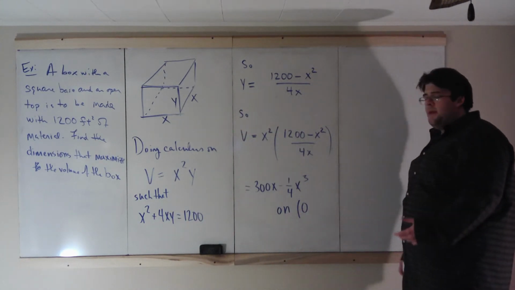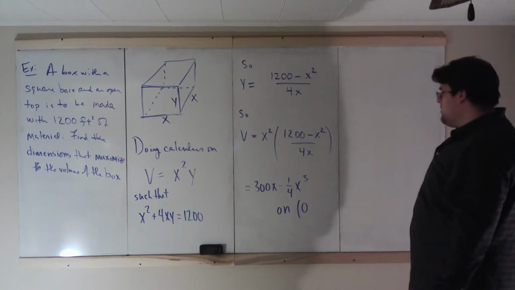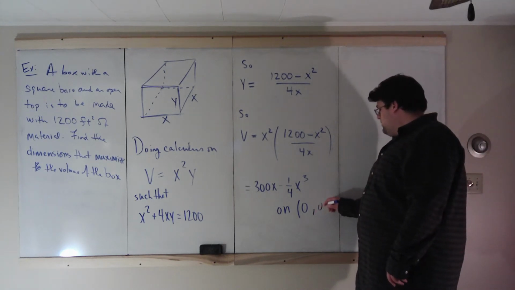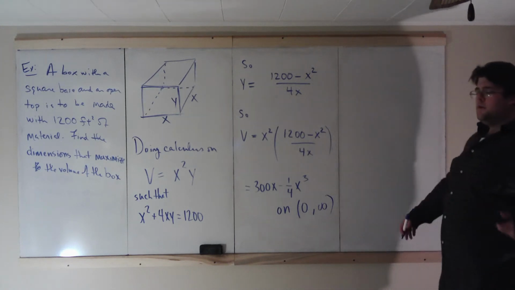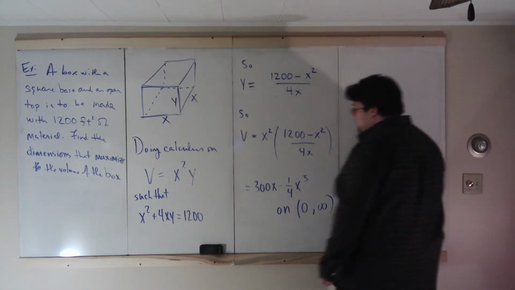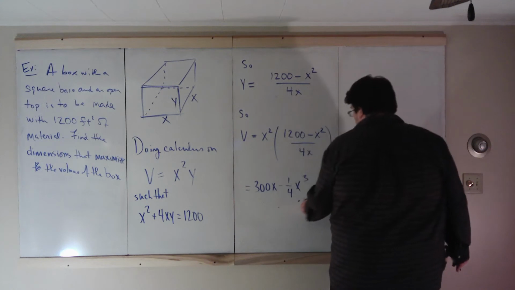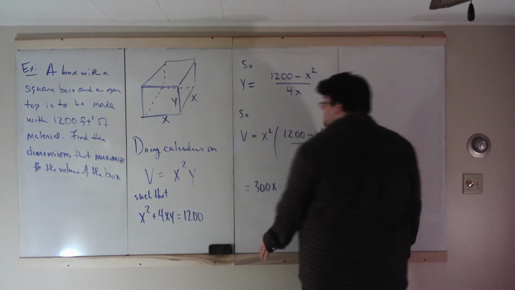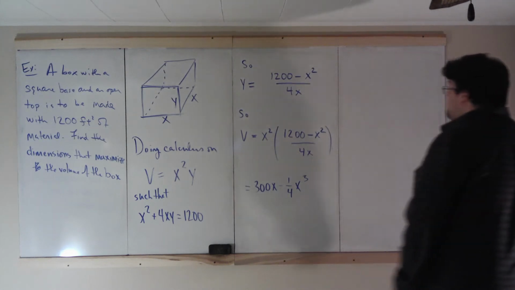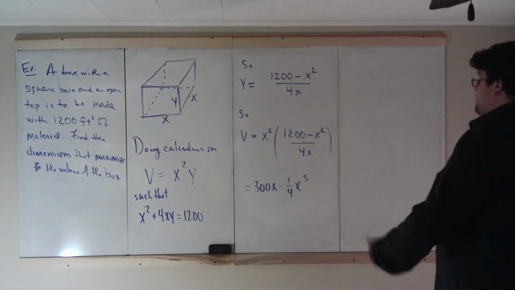But x can be any number larger than 0. So the x values here are 0 to infinity, not a closed interval. So we can't apply the extreme value theorem. But we will do something else to conclude that this gives us a maximum. We do have other calculus we can use.